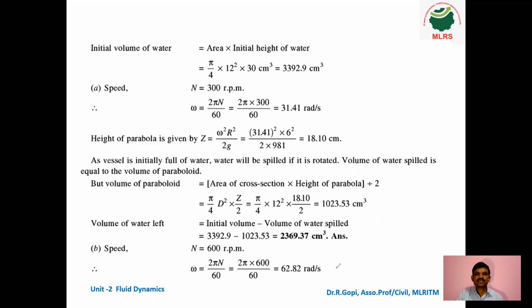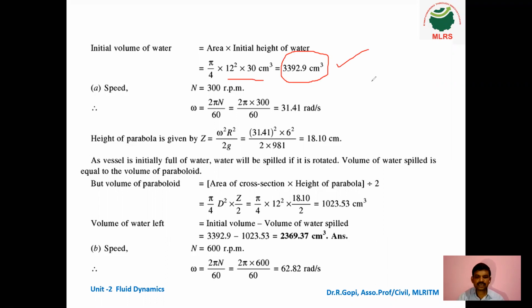So volume is pi by 4 into 12 square into 30. Here I am substituting all the values in terms of centimeter. You can change into meter also. So finally the initial volume is 3392.9 centimeter cube.